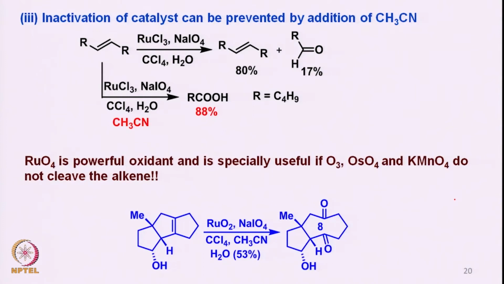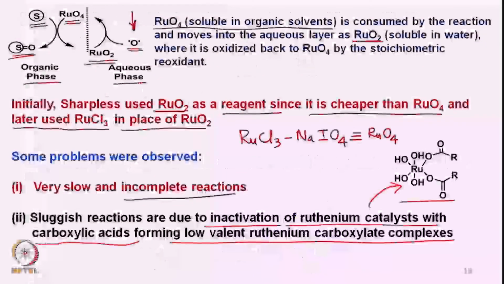At the same time, it was observed that the inactivation of catalysts like this can be prevented if we add acetonitrile as a solvent. A molecule of acetonitrile now will compete with the carboxylic acid or the carboxylate to form the complex that we saw, that forms with the carboxylate complexes.